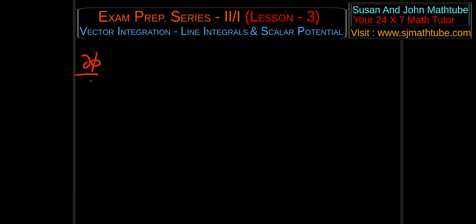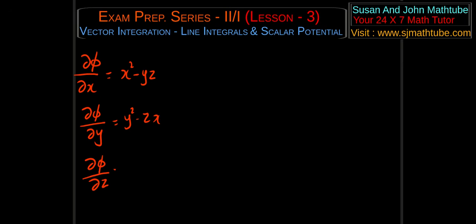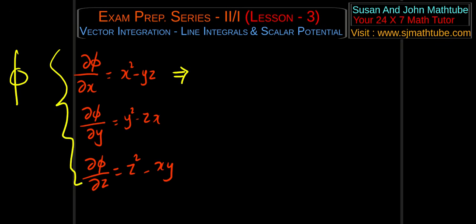So now you know that the partial with respect to x is x square minus yz, and the partial with respect to y is equal to y square minus zx, and the partial with respect to z is z square minus xy. Now look at this. We are trying to find phi. And this method will work only if you have all the partial derivatives.